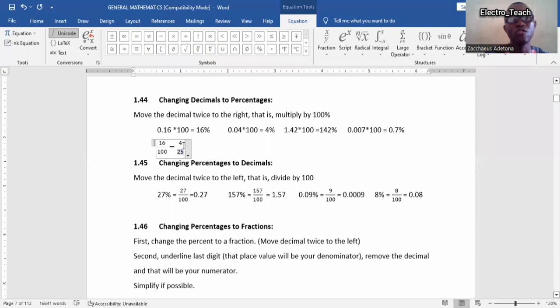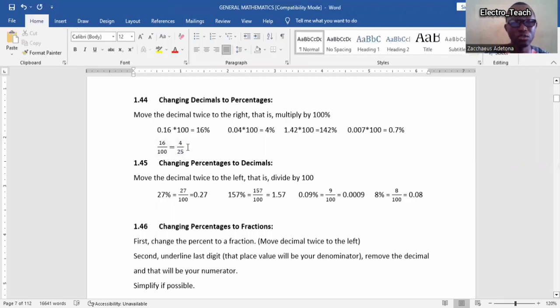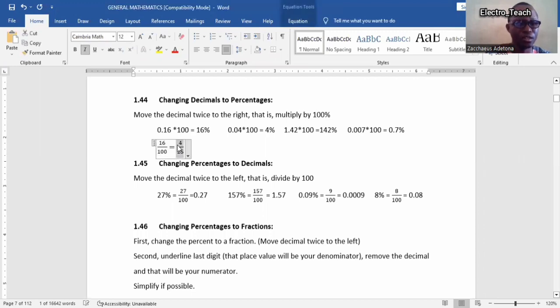Now, 4/25, the same thing as 16%, can be converted to 16%. 4/25 here, we can multiply that by 100% to give you the same 16% that we have here. 25 in 100 is 4, and 4 times 4 is 16.